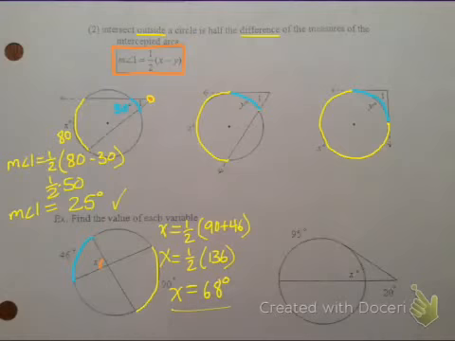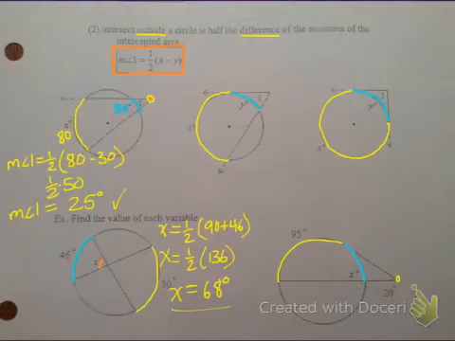Alright, moving on to the next example. Let's see if we got this one right. So now we've got an intersection outside the circle. So instead of adding our two arcs and cutting it in half, we're going to subtract. So let's find our bigger arc here. That's 95 degrees. And our smaller arc here is x. So we don't know what that arc is.